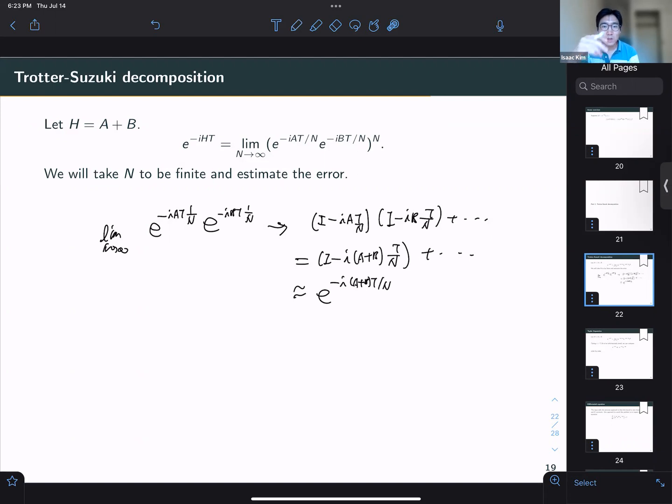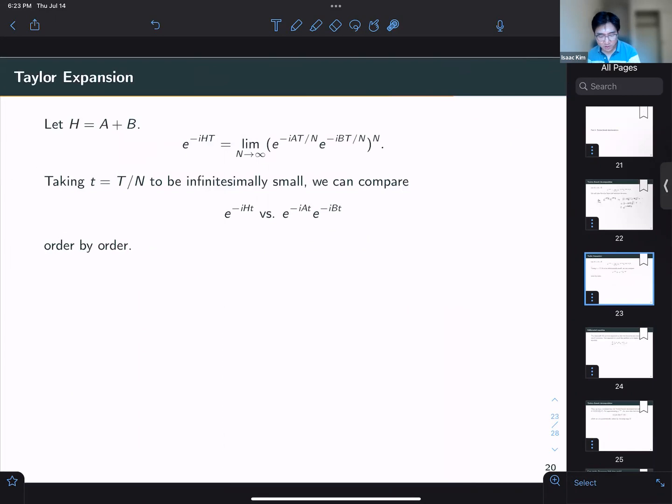So that's the basic idea behind the Trotter-Suzuki decomposition. And really the game here is to try to find a decomposition which converges to the left-hand side in a better and better way. As you could imagine, the simplest of such things would be simply approximating this e to the minus iHt by this thing for a sufficiently small t.